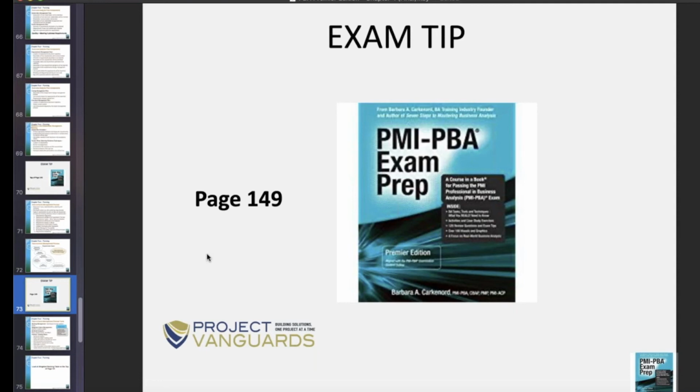Having a predefined prioritization process helps to resolve conflicts in a consistent way. You may see more than one correct answer choice for any exam question. Be sure to choose the best. What did I say the best is? Call a meeting that you facilitate with only the stakeholders who have conflicting requirements to discuss the business value of each.